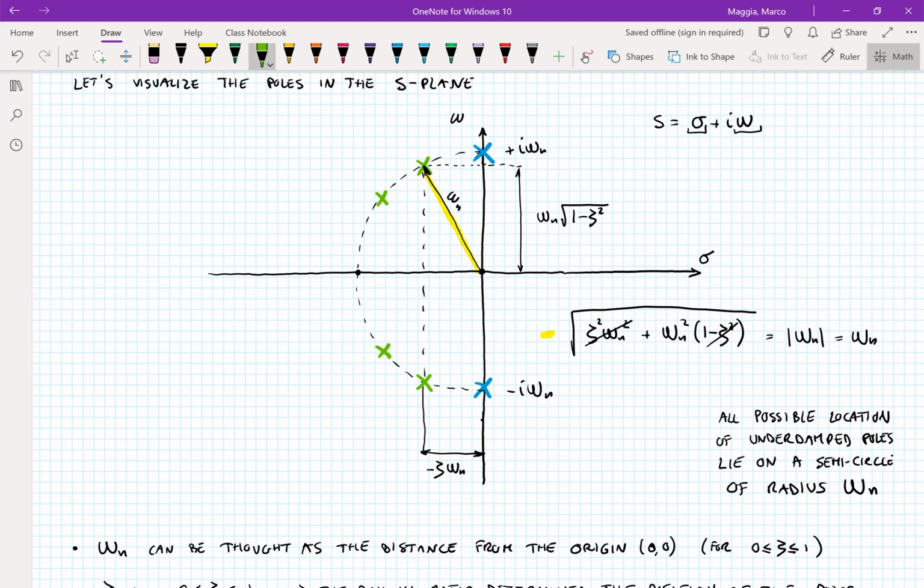Now, the exact location of the poles depends on the damping ratio zeta. If we have a lower damping ratio, we're going to be closer to the imaginary axis. If we have a higher damping ratio, then we're going to be closer to the real axis.